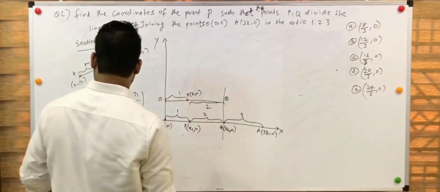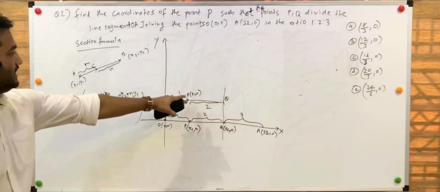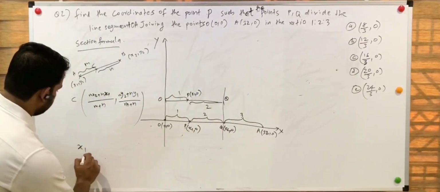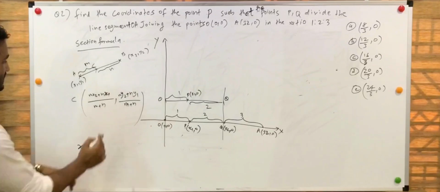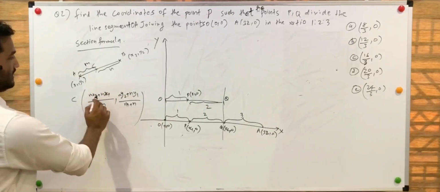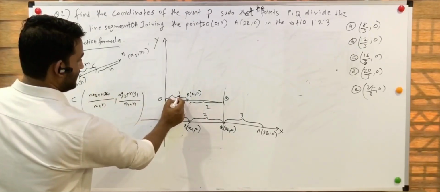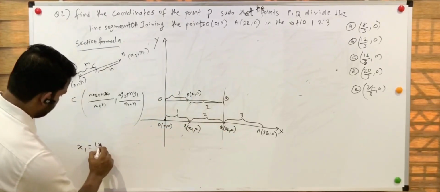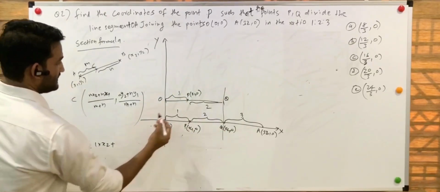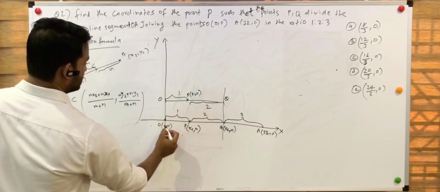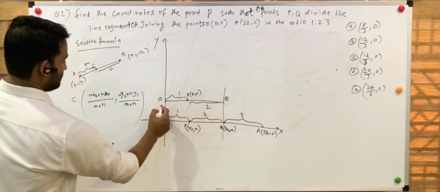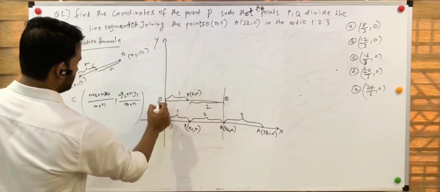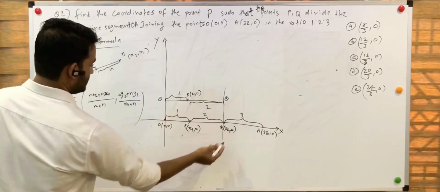So the x coordinate of P, that is x1, is given by, take only the x coordinate, m into x2. m is 1, so 1 into x2 plus n into x1, 2 into 0, because we know O is at (0, 0) and Q is at (x2, 0).